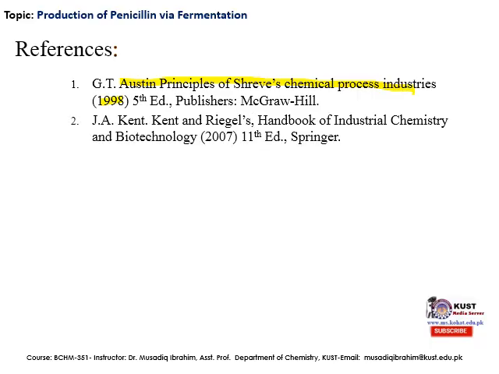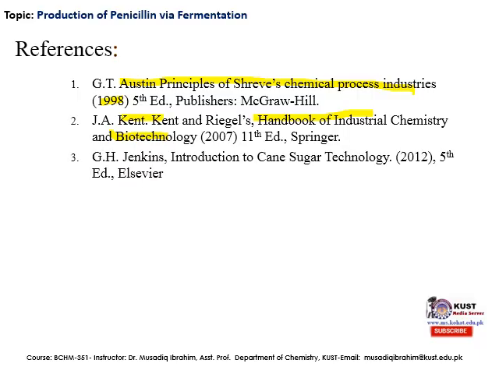The second one is the Handbook of Industrial Chemistry and Biotechnology by Kent and Kent. The third one is Introduction to Cane Sugar Technology by G.H. Jenkins.